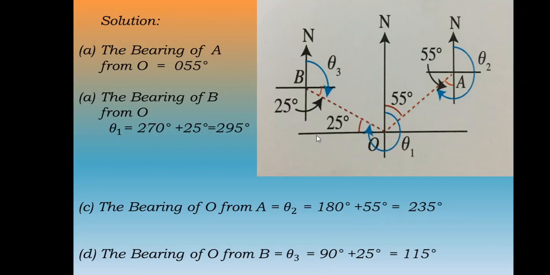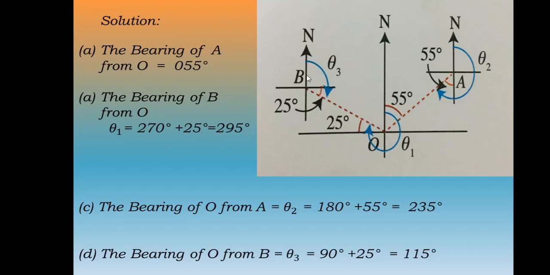For the last part, we have to find the bearing of O from B. From B means first we'll draw the north at B, then start from the north at B to O. This angle is shown in blue. It is theta 3. So when we read this, this is 90 and this is 25.